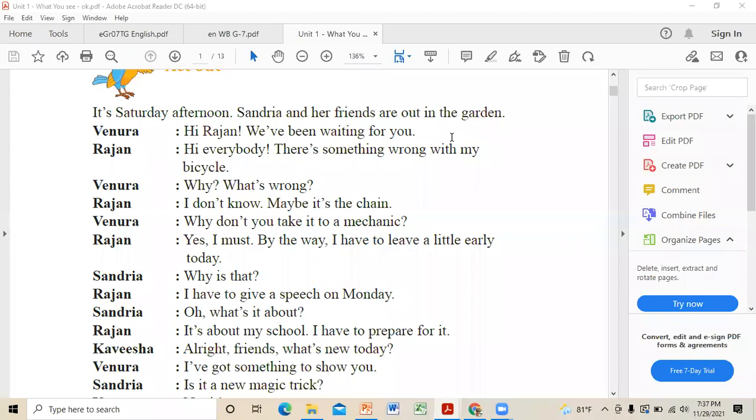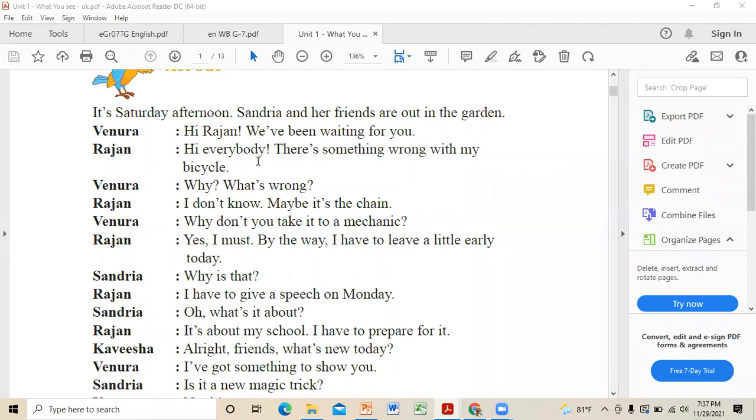But when I'm going to read a dialogue, right? So let's see Venura, what he is going to say. So listen carefully. Hi, Rajan. We've been waiting for you. So you might notice that it is not the same way that we are reading a simple text, right? And then I will read the second one, the answer of Rajan.